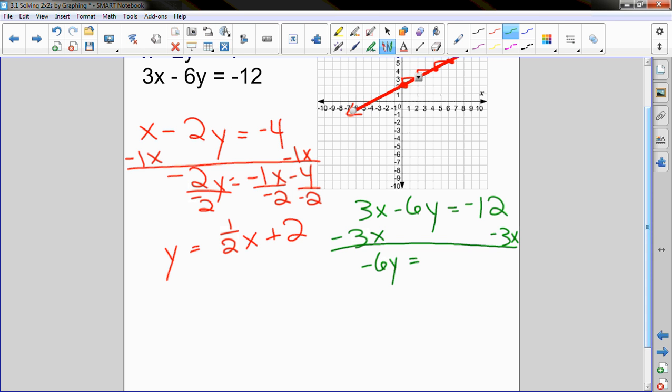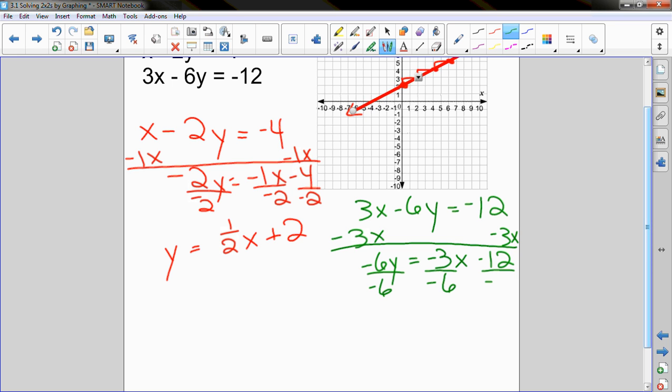Am I going to write negative 12 minus 3x? No. What am I going to write? Make your x go first. Negative 3x minus 12. Okay? You're just making the x first. That's all. Now what do I do now? Thank you. Divided by negative 6.